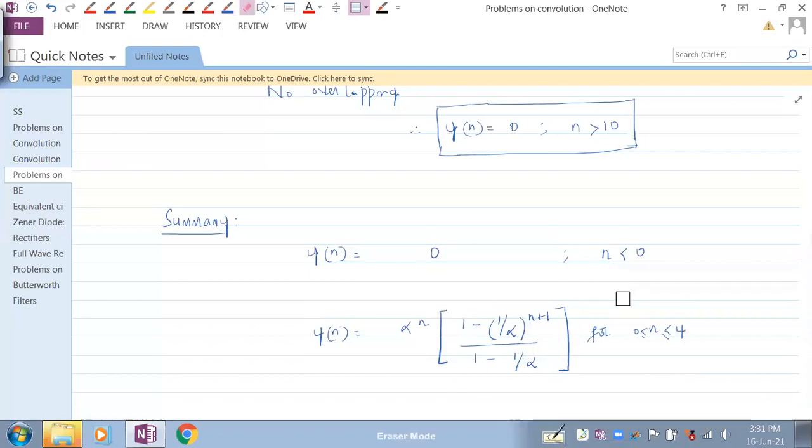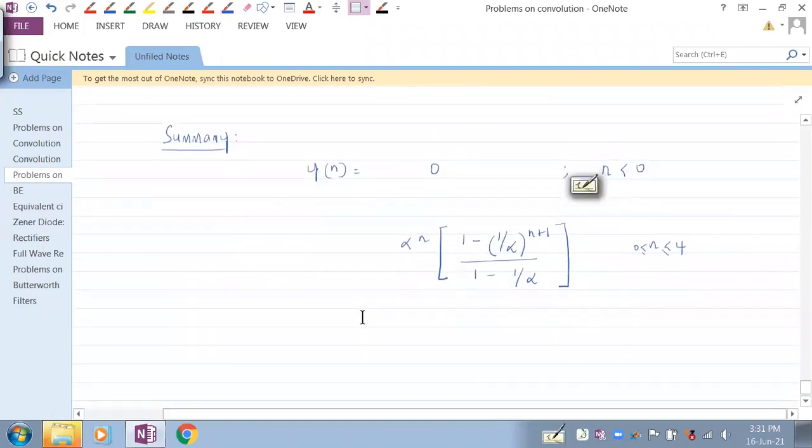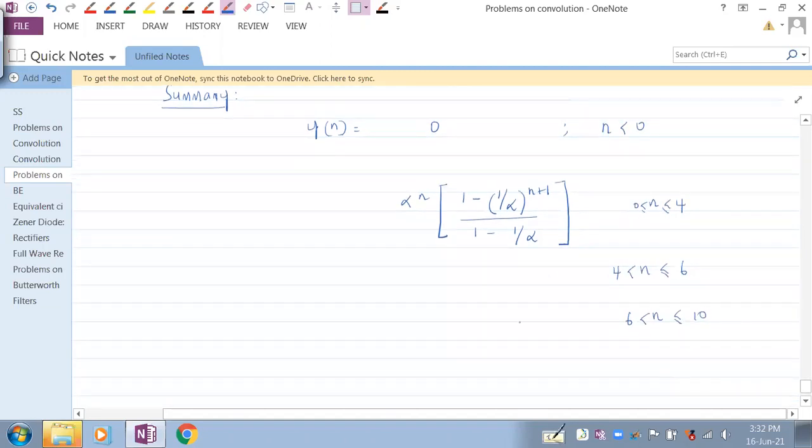So likewise, we have the ranges: for n greater than 4, less than or equal to 6 we have this; for n greater than 6, less than or equal to 10 we have this; then again we will have 0 for n greater than 10.